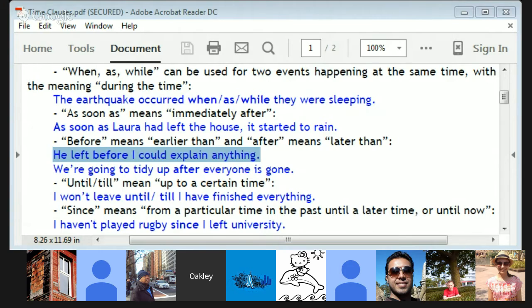Carlos, can you give me a sentence with after? I finished it after my boss asked me about the task. About the task?